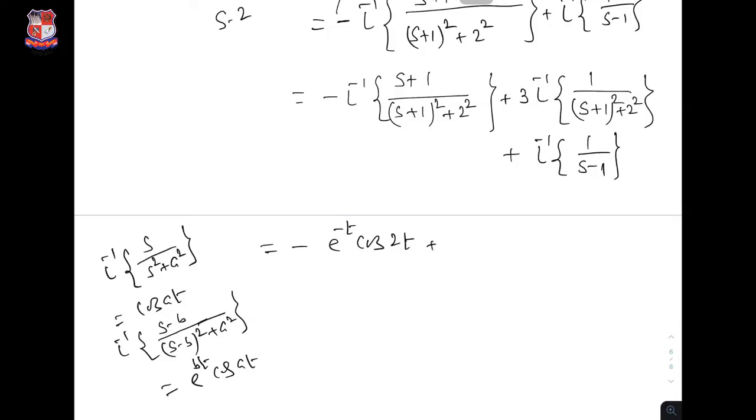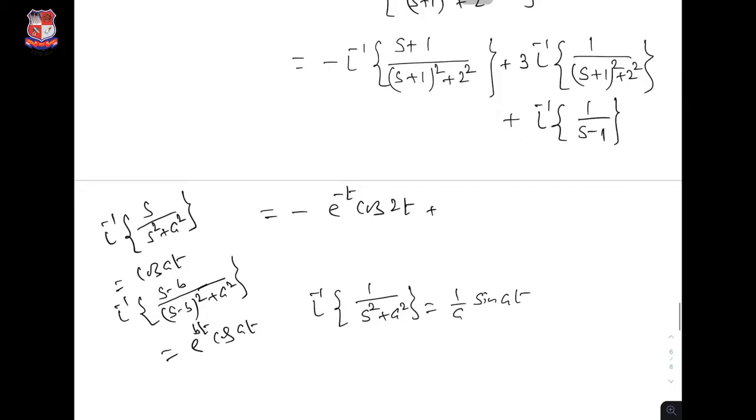Second, the inverse Laplace transform of 1 upon s squared plus a squared is 1 over a sin at, and with the first shifting theorem, 1 upon (s minus b) squared plus a squared is 1 over a e to the power bt sin at.